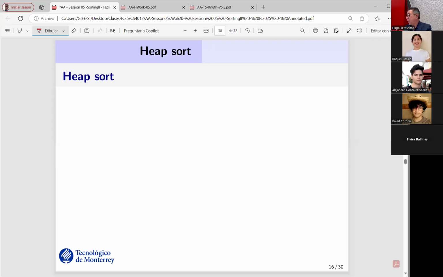Okay, so next topic is the heap sort. Heap sort is going to use a structure that is called a heap. That's the reason for the name heap sort. And we have the unsorted array.